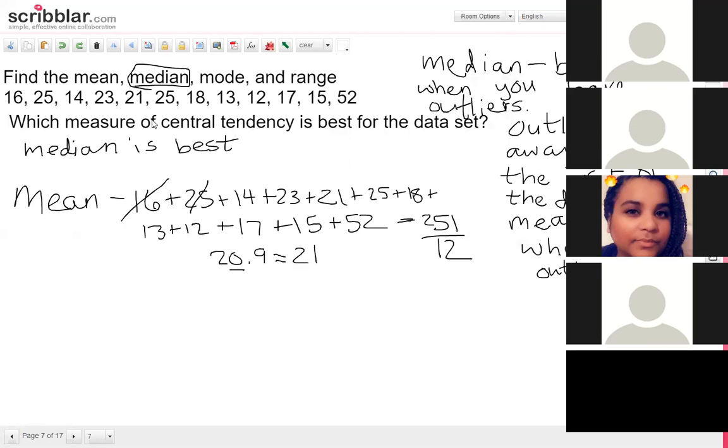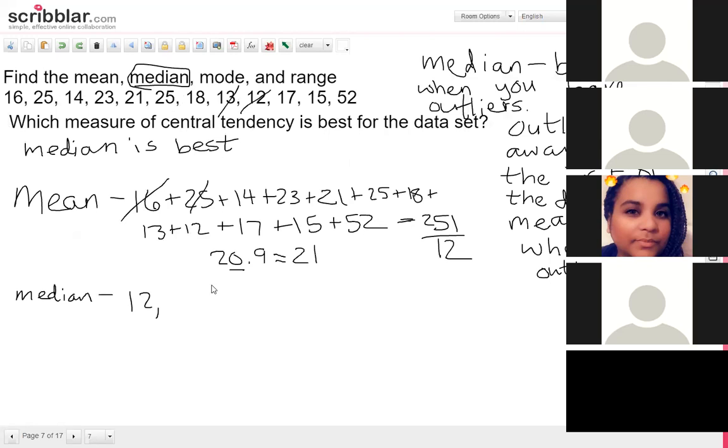Our median, we have to put them in order. Again, I cross out as I go because it's hard to keep track. With so many numbers, you're just going to lose track. So median, we look for the lowest, which is 12.